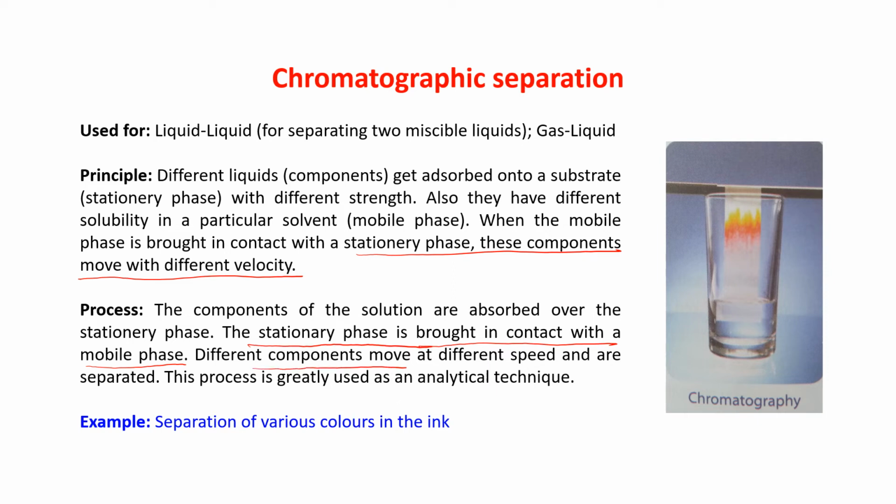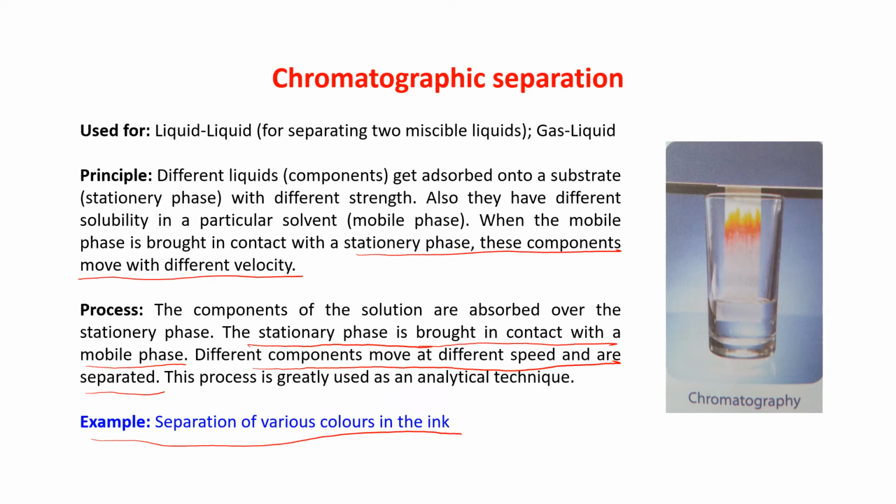Different components move at different speed and are separated. Now, this process is greatly used as an analytical technique. Separation of various colors in the ink is done by chromatographic separation. This is an example of paper chromatography. Now, if you know the paper chromatography, that will be enough for you. And I'll explain this chromatographic separation with respect to paper chromatography.